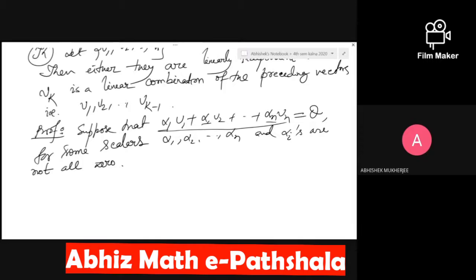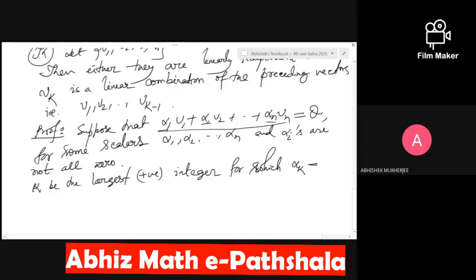Then we may define a largest positive integer k. So k is the largest positive integer for which alpha k is not equal to 0, and all other alphas after the kth term are 0. That is, alpha i is 0 for all i greater than k.